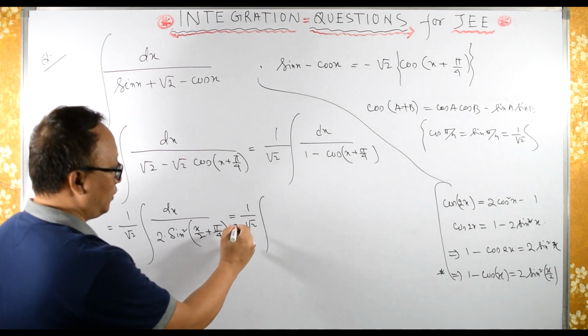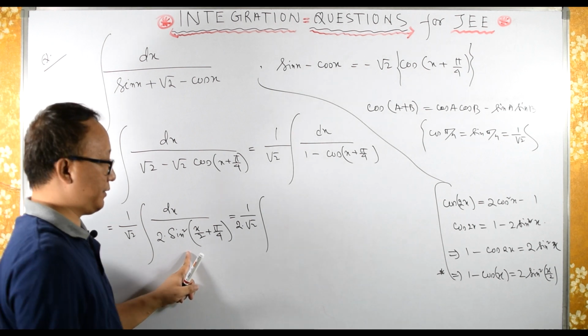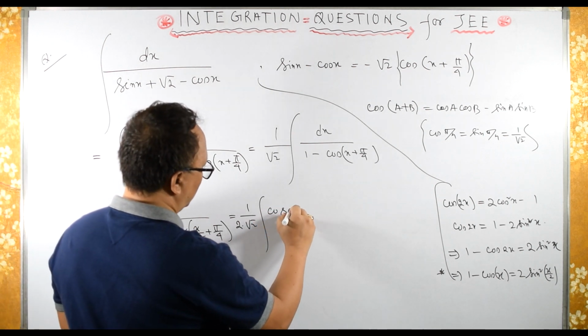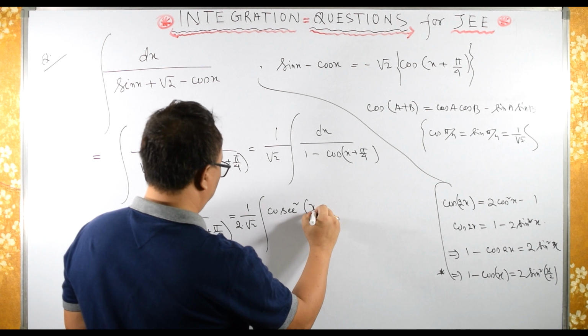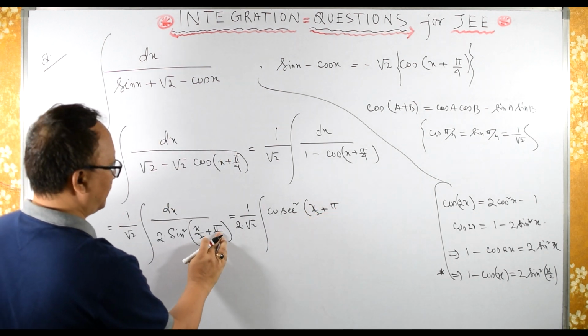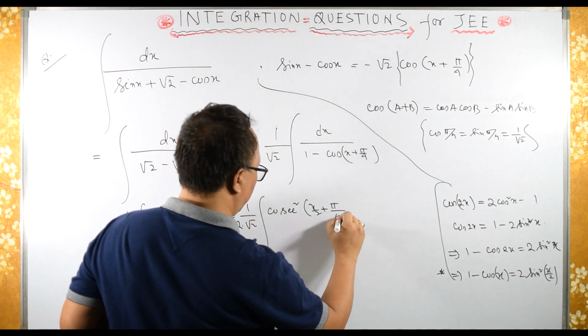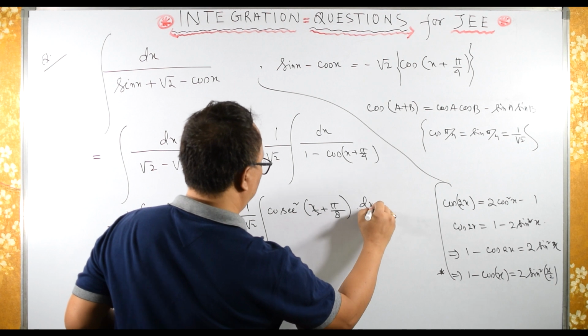So I will send the 2 also outside: 1 by 2 root 2. 1 by sin is cosec. Here we'll have cosec square of x by 2 plus pi by 8, since 4 twos are 8, into dx.